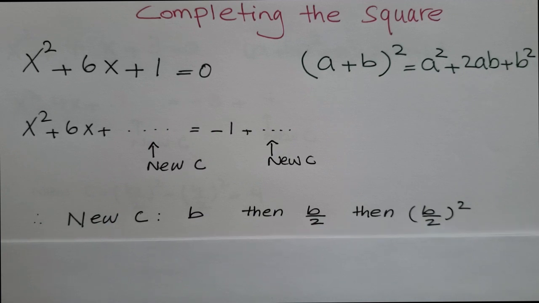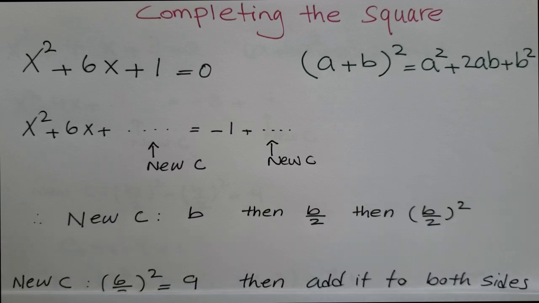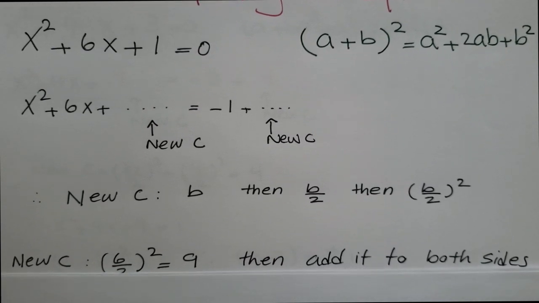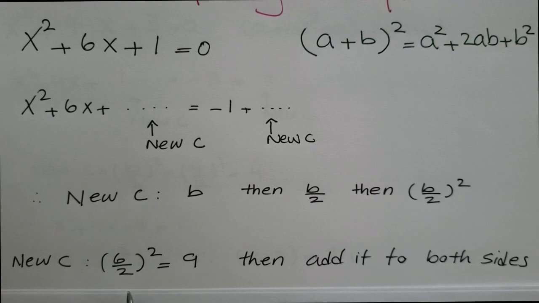The b coefficient is 6, so the new c value is (6 over 2) to the power 2, which is equal to 9. Then we add the 9 to both sides of the equation.